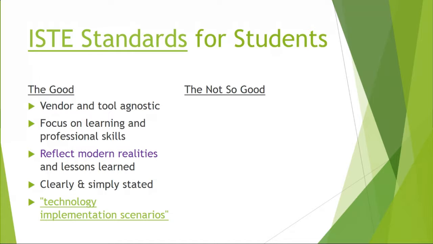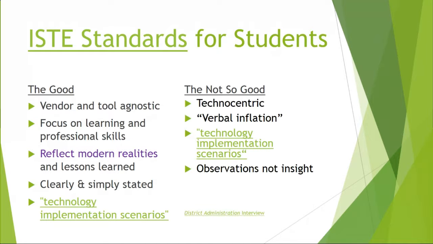I think you can save yourself $10 and lean on your professional learning network, teacher blogs that you follow. You probably find just as good, if not better, resources from your network of colleagues on Twitter than you would out of the technology implementation scenarios. So that's also one of the not so good things.